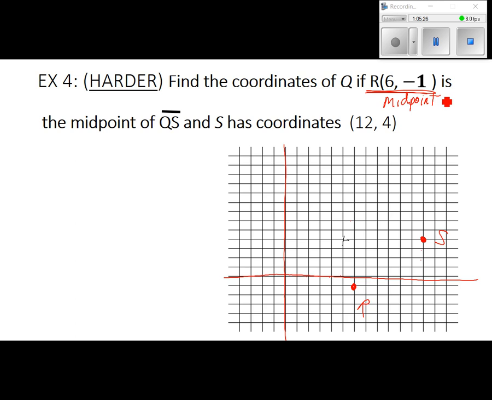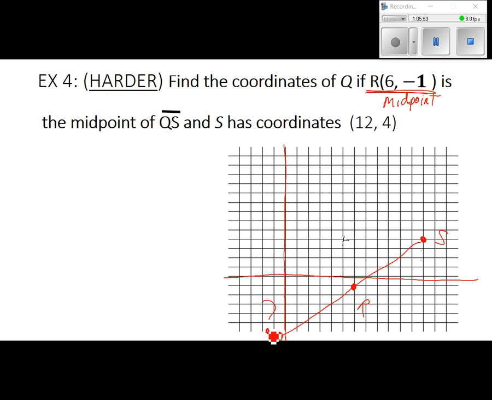So my segment, are we gonna find a point in here somewhere? No, that is the midpoint, so the segment's gonna run down in there somewhere, and we're looking for that point so that R is the midpoint. Does that make sense? So this is where we use the whole formula.